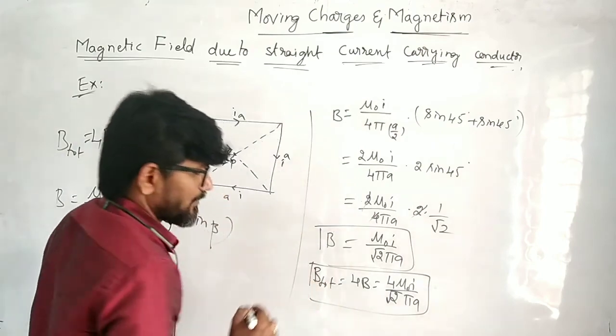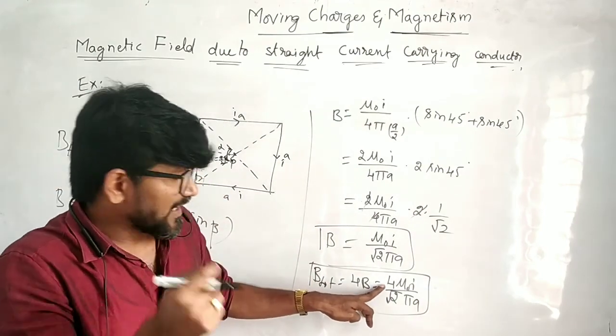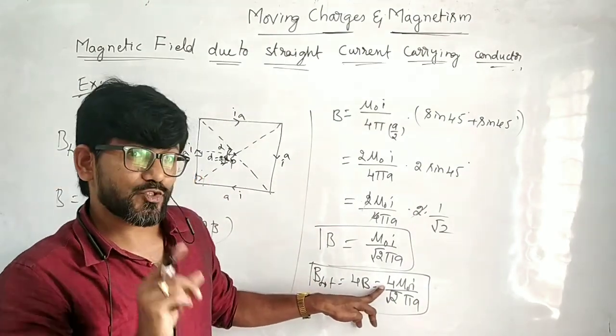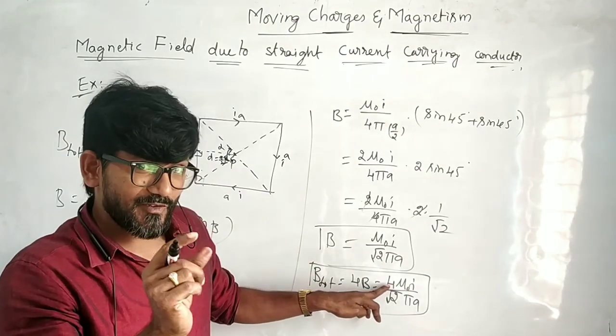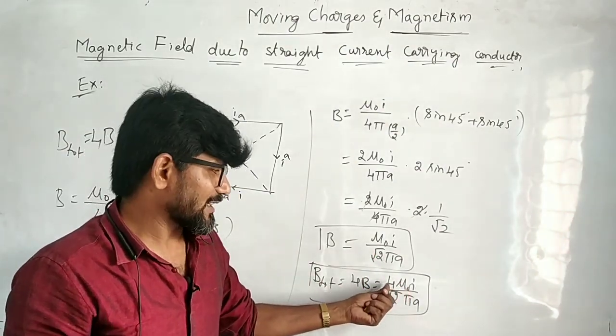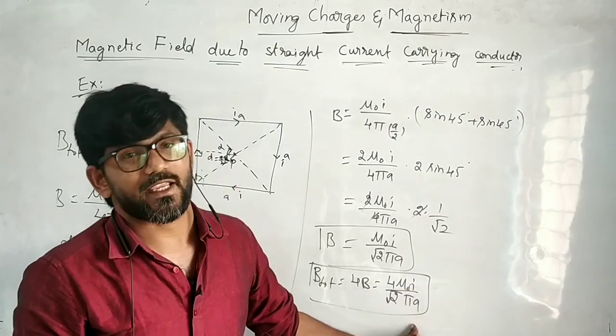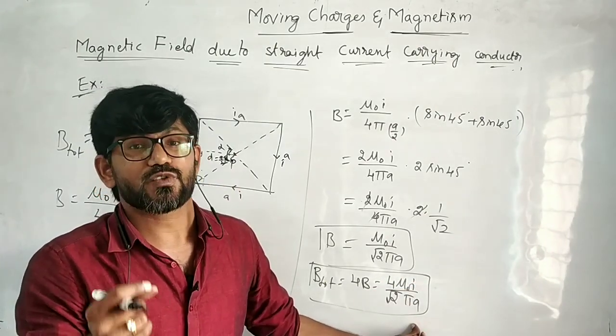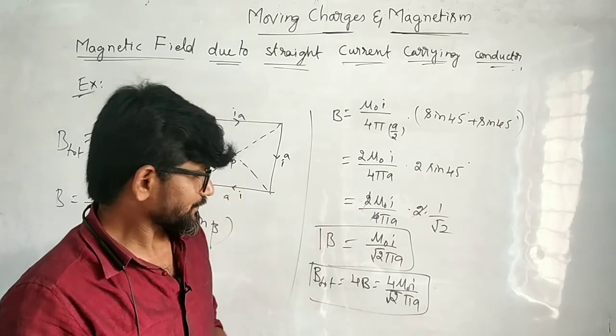Sometimes it may be rewritten or simplified in different ways. 4 can be written as 2 into 2 and root 2 can be written as root 2 into root 2, so one root 2 cancels. So you can write it as 2 root 2 mu naught I by pi a also. Depending on the options you have to simplify. Yes, note it down.